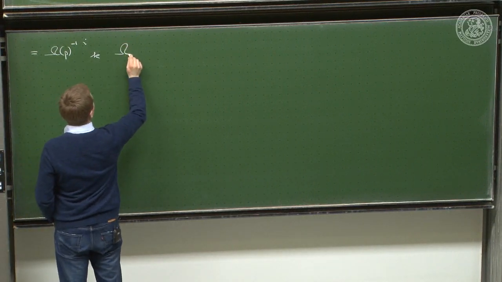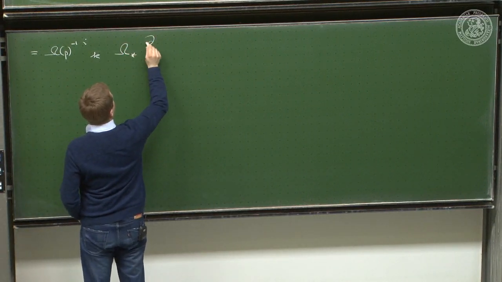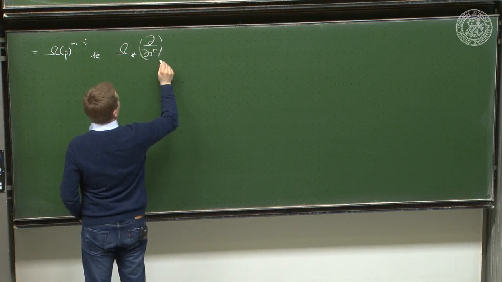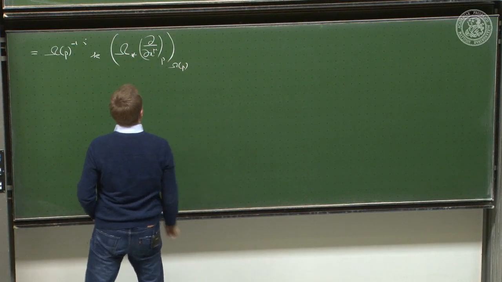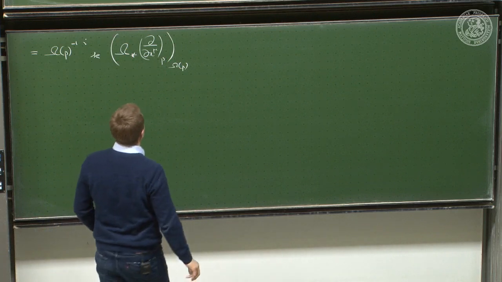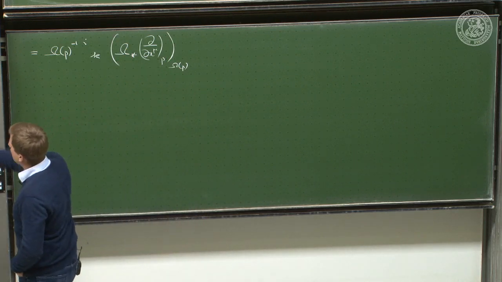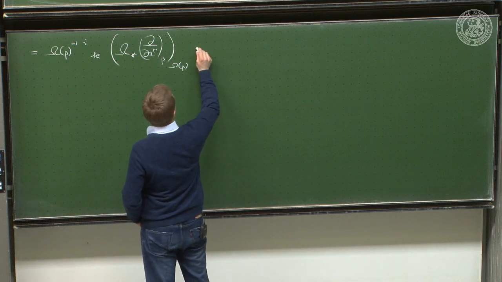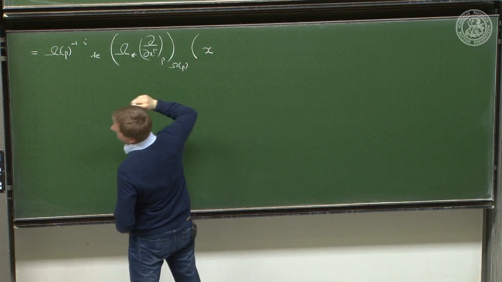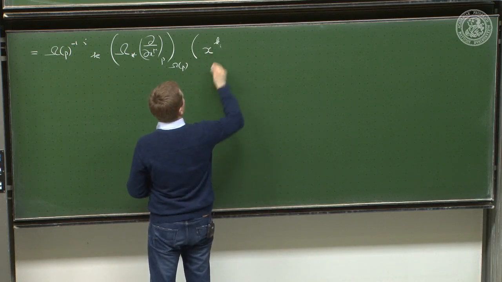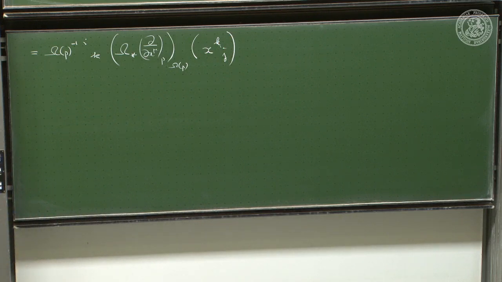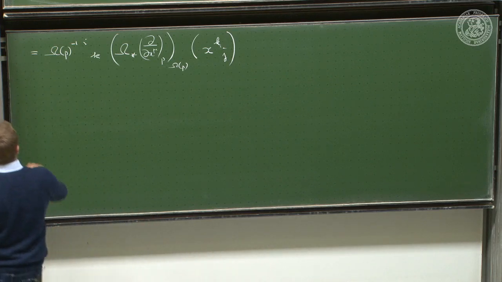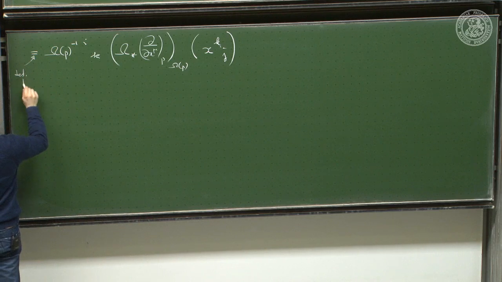Now this vector, omega push forward d by dx mu at p, is however now a vector at omega of p and is a tangent vector to the group, because the omega lands in the group, so the push forward is a tangent vector in the group, acting on the functions x kj. Right? It's the action on the function. It's the definition of the d.